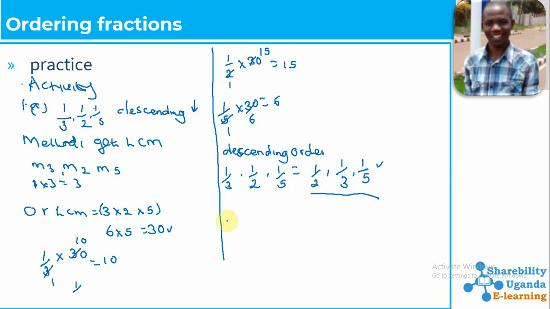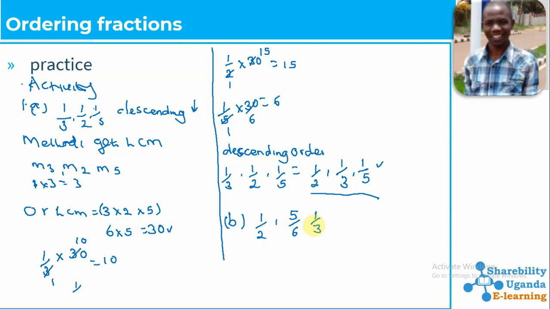Then we come to our part B. In part B, they wanted us to arrange 1 out of 2, then 5 out of 6, then 1 out of 3.